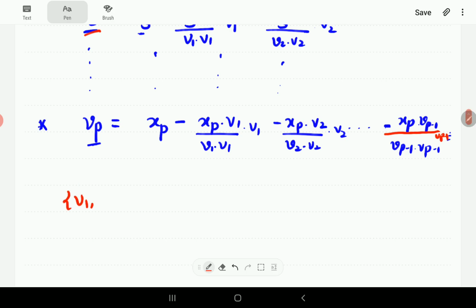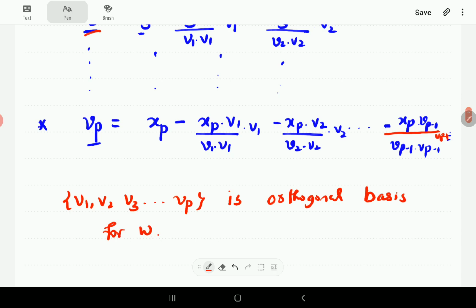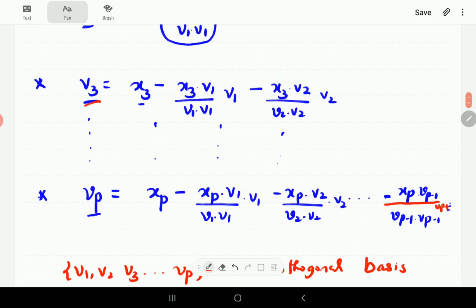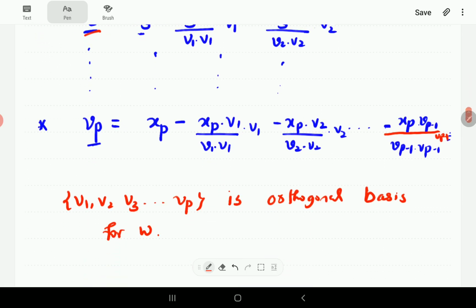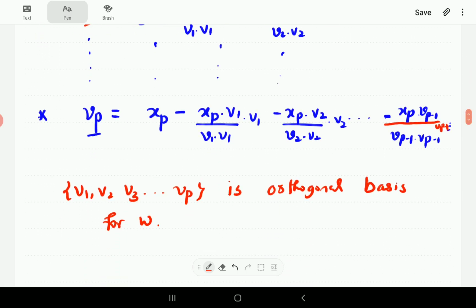This collection is orthogonal, so they are an orthogonal basis for W. In short, what we have done is, given a normal basis, we have converted it into an orthogonal basis by using the Gram-Schmidt process. This is the beauty of the Gram-Schmidt algorithm, where we convert a simple basis into an orthogonal one.